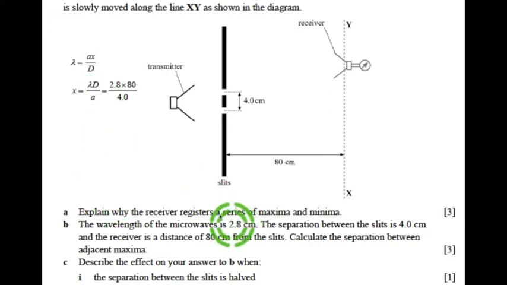Lambda is 2.8 centimeters. d, slit to screen distance, is 80 centimeters. And a, slit separation, is 4 centimeters here. Again, you have to be careful, but as long as the units are all consistent, then that's okay. So we're going to have our answer in centimeters, and the answer is x equals 56 centimeters.